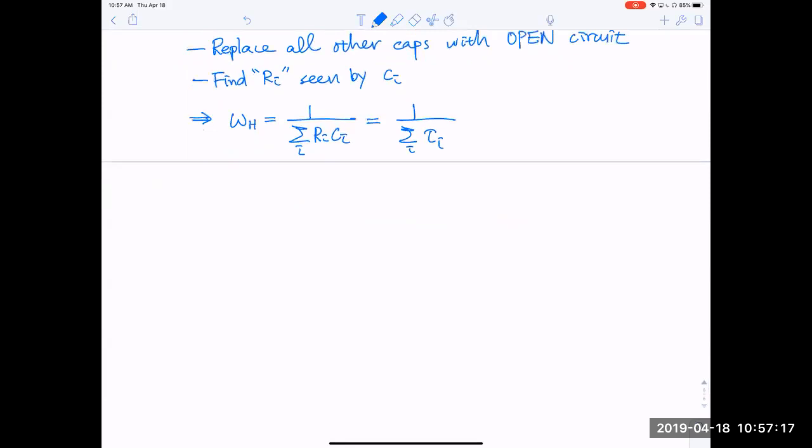Now if you compare with SCTC, short circuit time constant, we say that is for the omega low cutoff frequency, and open circuit time constant is for estimating omega H, okay?